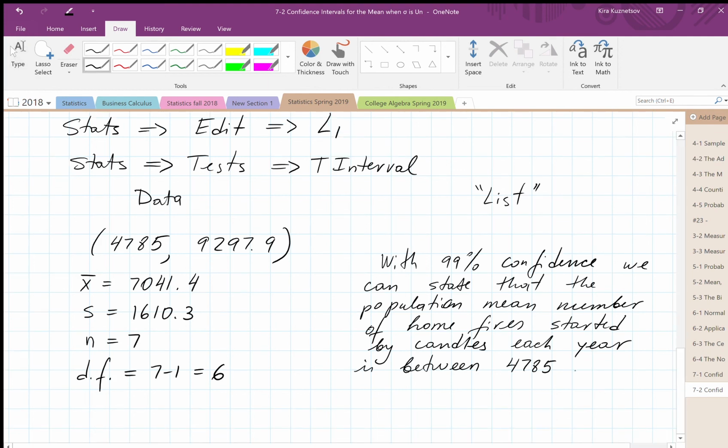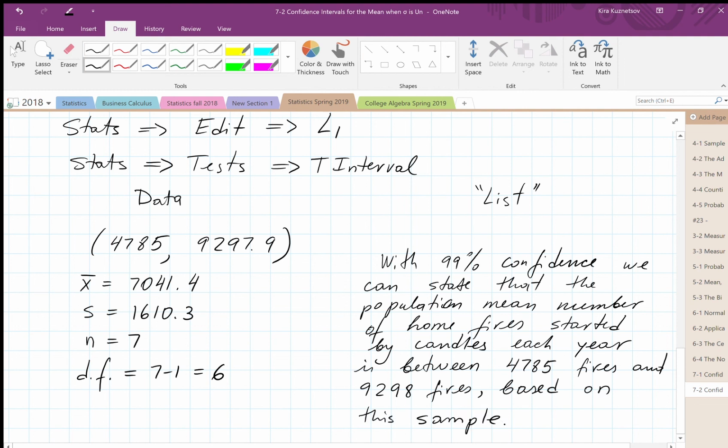So between this many fires and this many fires, based on this sample.